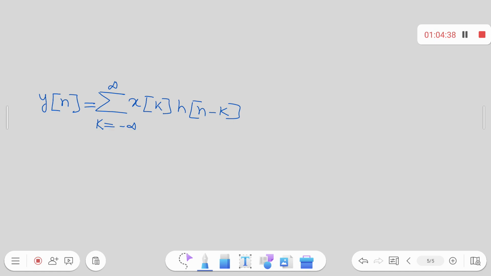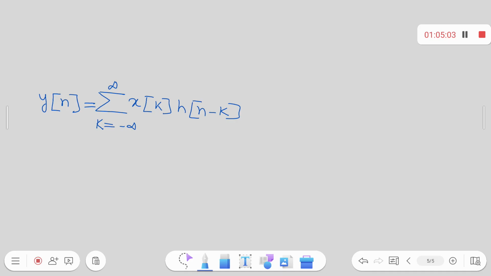Multiplication, addition. Division, subtraction? So just like any other operation, whether the convolution is commutative or not, that you have to check.